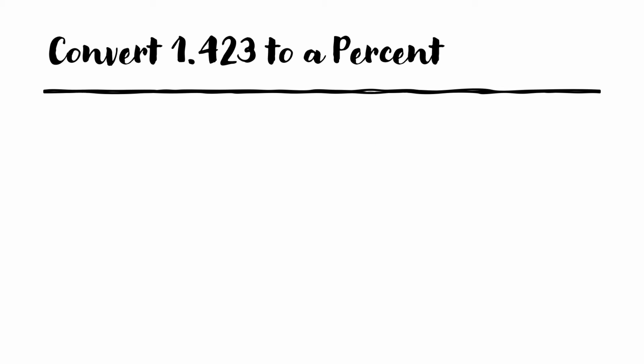Next up, we want to convert 1 and 423 thousandths, or 1.423, to a percent. So we're going to take our number and put it over 1. And then we want to find an equivalent fraction with a denominator of 100.